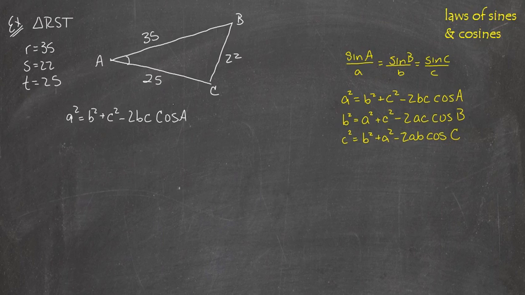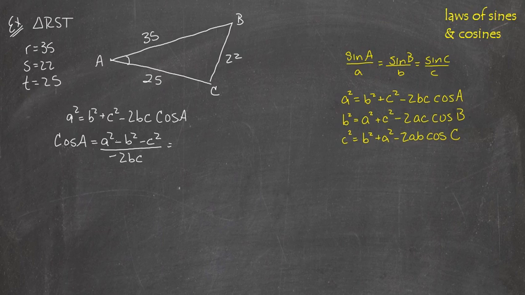Since the cosine of A is the thing I'm looking for, I'm going to rewrite this formula as the cosine of A equals a squared minus b squared minus c squared, and once I've subtracted b and c away, now I have multiplication connecting to cos A. So I'm going to divide by negative 2bc.